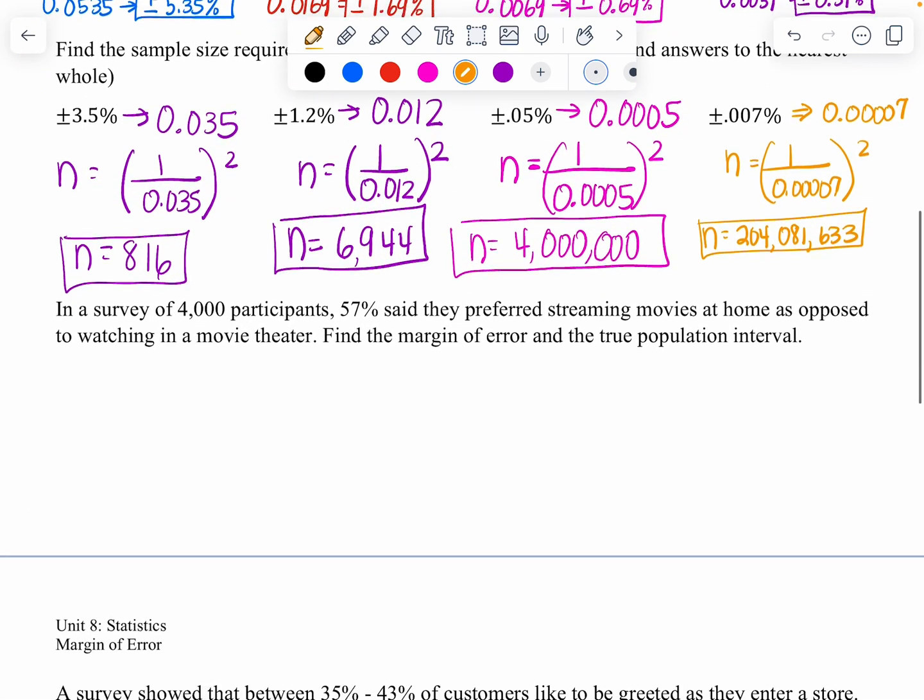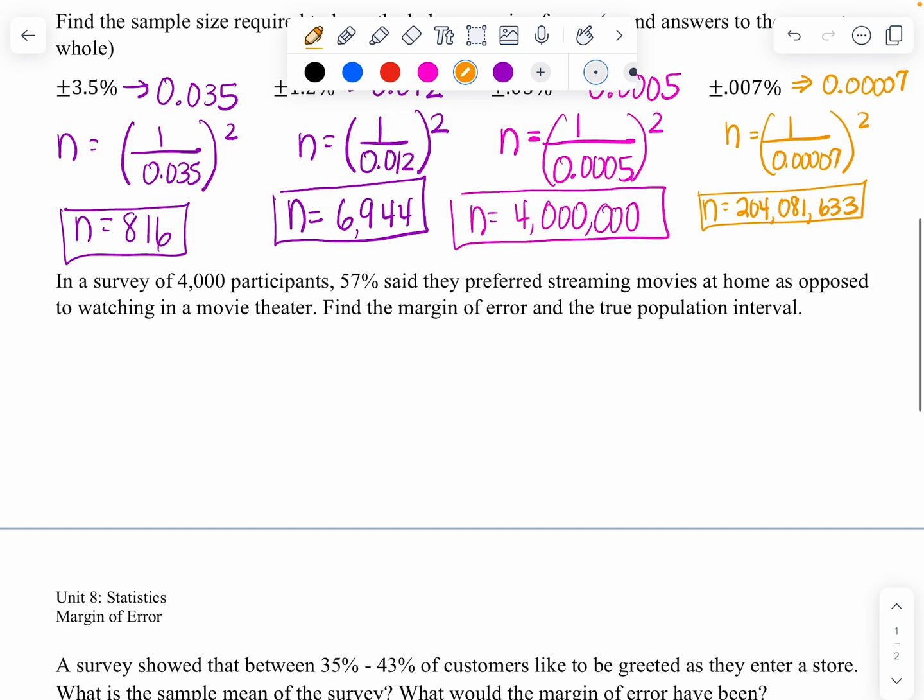All right, let's look at a little bit more. In a survey of 4,000 participants, so that's my sample size, 57% said that they preferred streaming movies at home as opposed to watching a movie in a theater. We want to find the margin of error and the true population interval. So for the margin of error, I can use that formula.